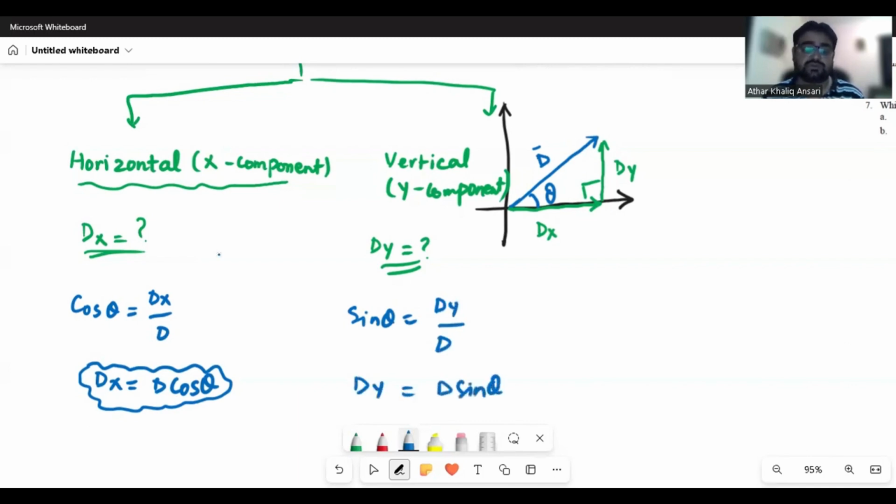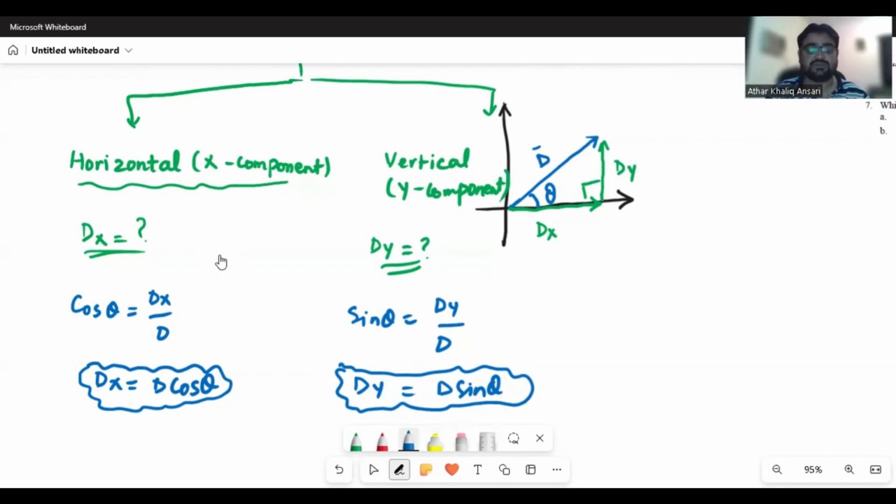So whenever we are going to find any component of a vector, we need to check if it is the horizontal component or the vertical component. There is one more thing that we need to remember: the horizontal component is the component that is along the x-axis, or eastward. But sometimes this horizontal component is related to the angle theta. If angle theta is given in this direction, the horizontal component is along the x-axis.